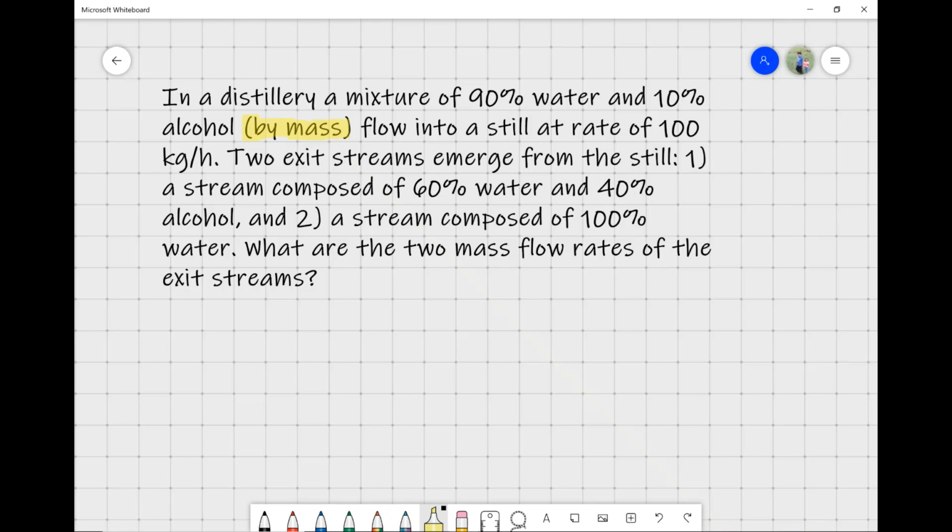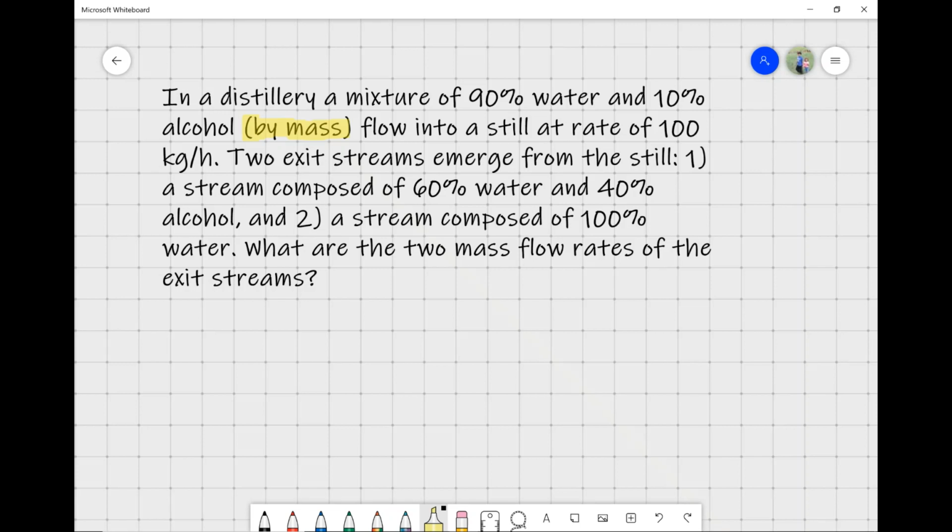So this mixture flows into a still at 100 kilograms per hour. We have two exit streams, as we saw in our cartoon on the previous slide, emerging from the still: one, a stream composed of 60% water and 40% alcohol, and two, a stream composed of 100% water. The key question here is, what are the two mass flow rates of the exit streams?